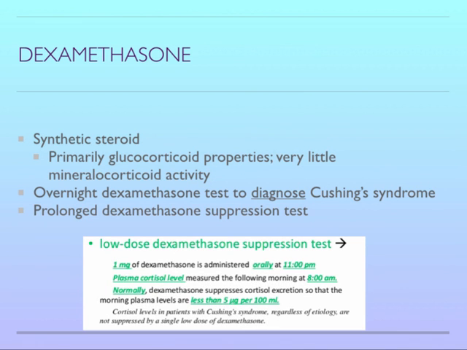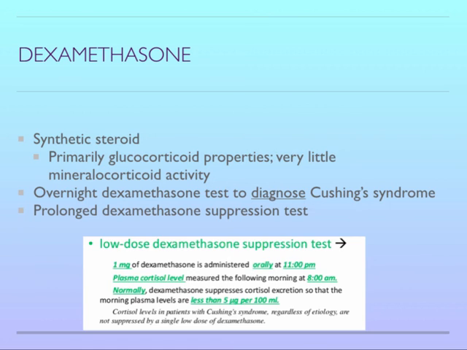And dexamethasone is also used for diagnosis. This is a synthetic steroid, and I know we already kind of talked about this. It's done overnight. They'll do a test to diagnose Cushing's, and they can even do a prolonged dexamethasone suppression test. What they do with this is they measure cortisol levels in the morning immediately following.